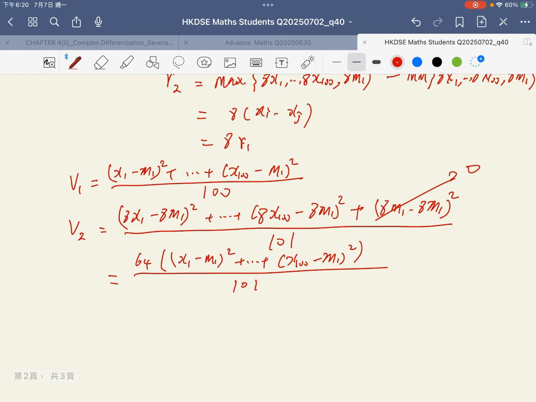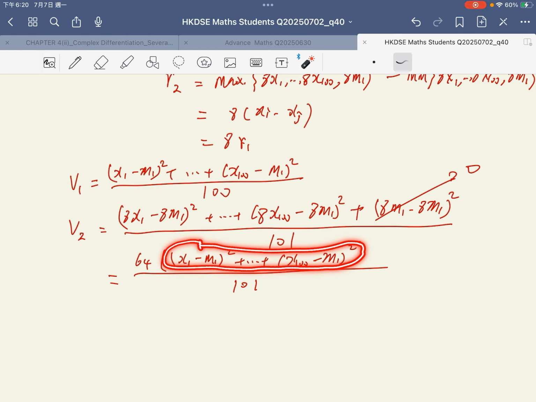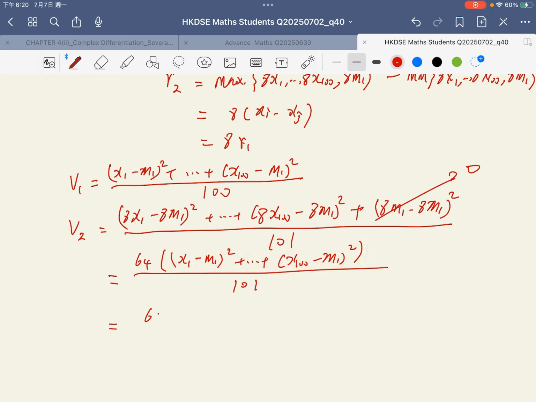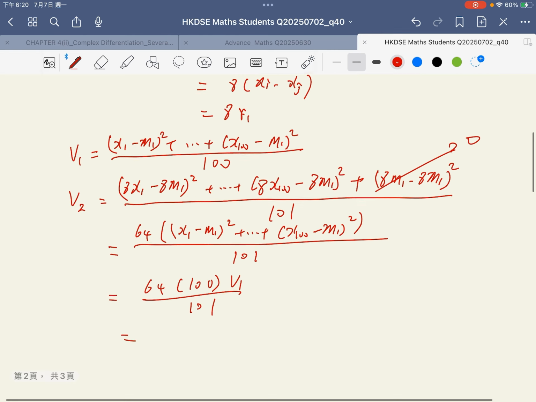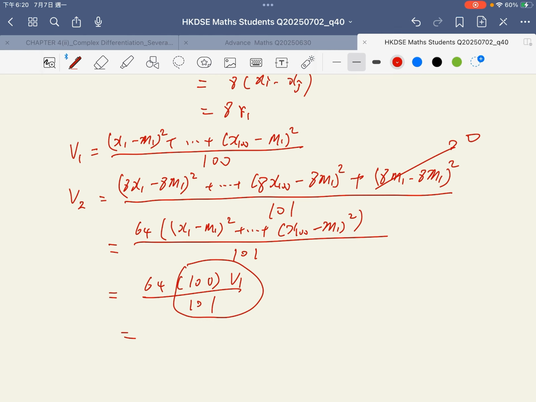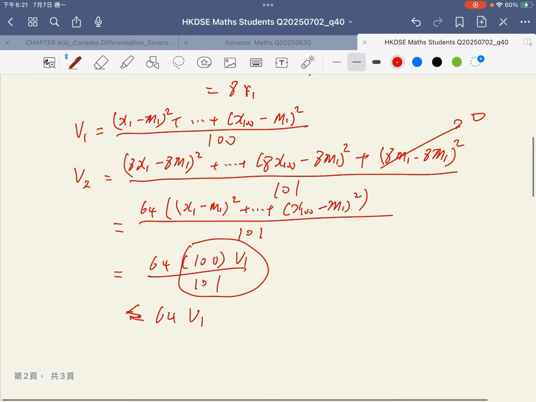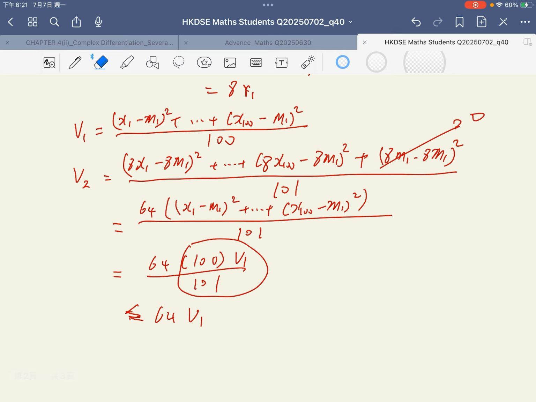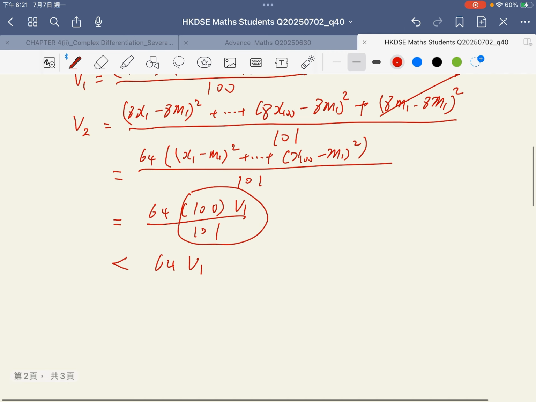You can see that this term is actually equal to 100 times V1, and this is less than V1 times x squared.